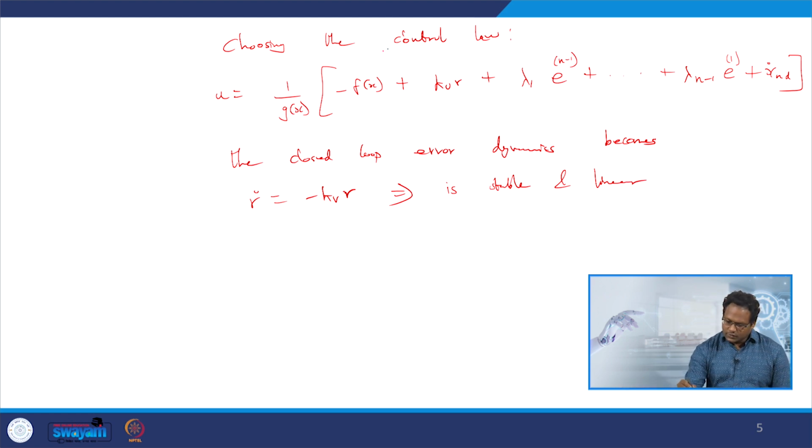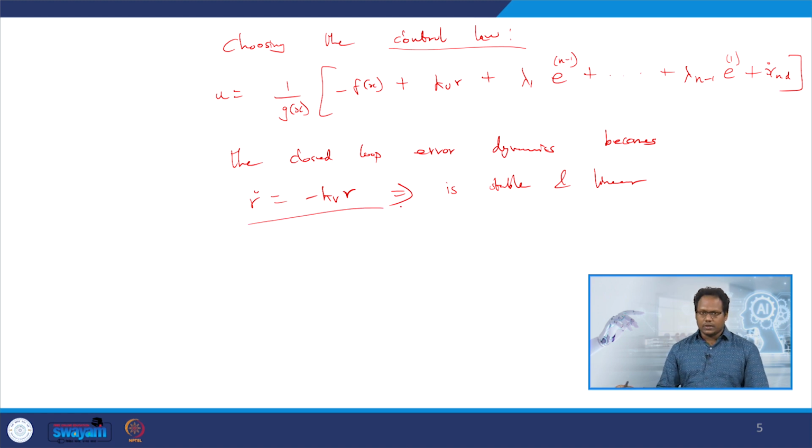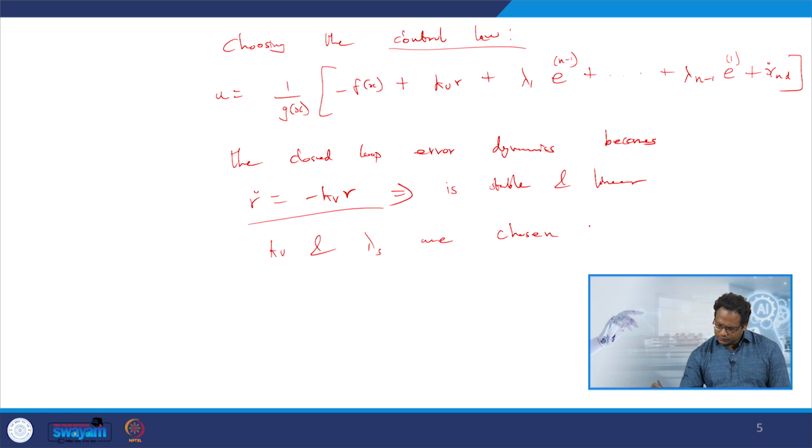Okay. By choosing this control law, we have the closed loop error dynamics becoming linear as well as stable, that is given by this expression r dot equal to minus kv into r, where kv and the lambdas are chosen positive design parameters, so that your r dot is negative.